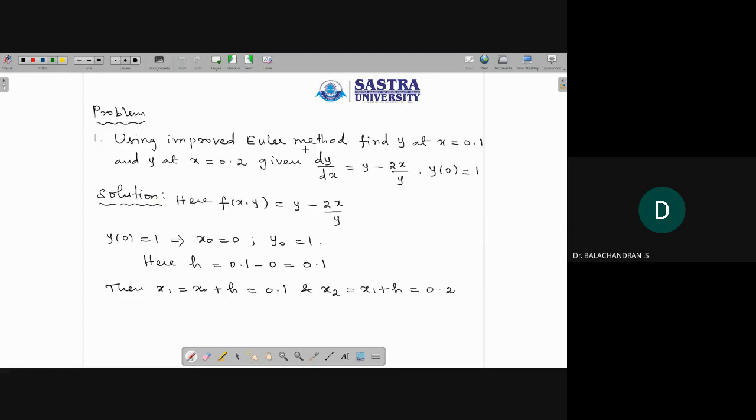So using improved Euler method, find y at x is equal to 0.1, and find y again at x is equal to 0.2. So you should find y at both the values, at x is equal to 0.1 and x equal to 0.2. Okay.